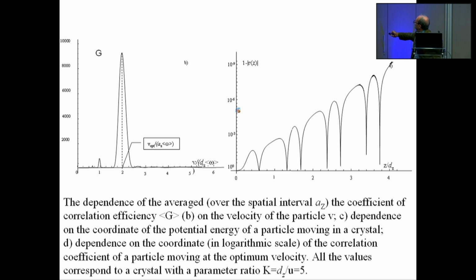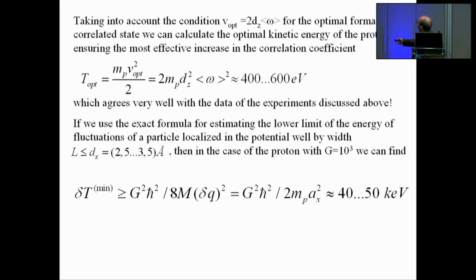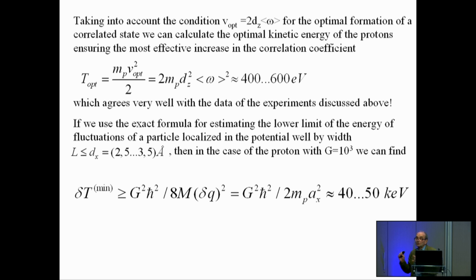It is calculated as a function of the velocity, and you can see a very great peak at the velocity that is equivalent to the modulation in the system of a particle in such a periodic oscillator. For lithium the value is from 400 up to 600 electron volts. It is in very good agreement with the experimental data, about 500 electron volts.